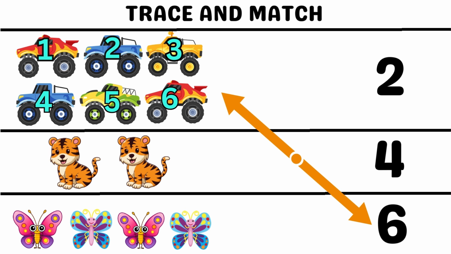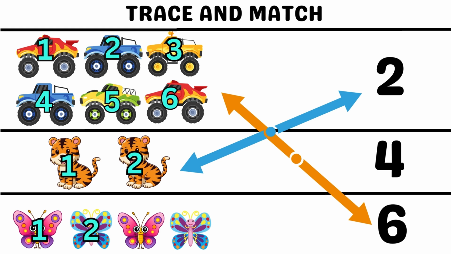Can you find and count the objects that are 2 in number? 1, 2. 2 tigers. That's right. Do you see the butterflies? Try and match it to its correct number. 1, 2, 3, 4. 4 butterflies.